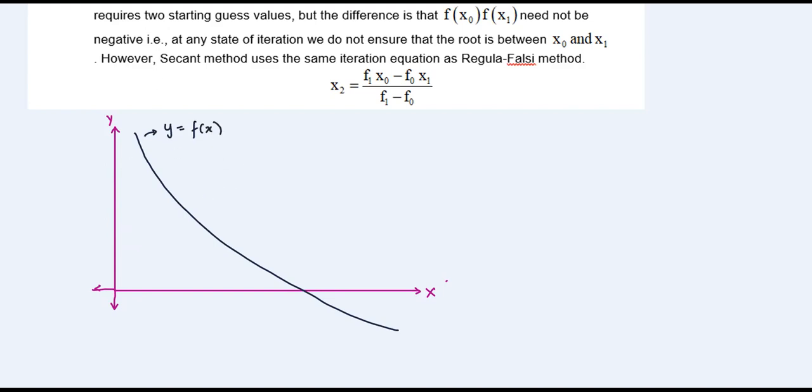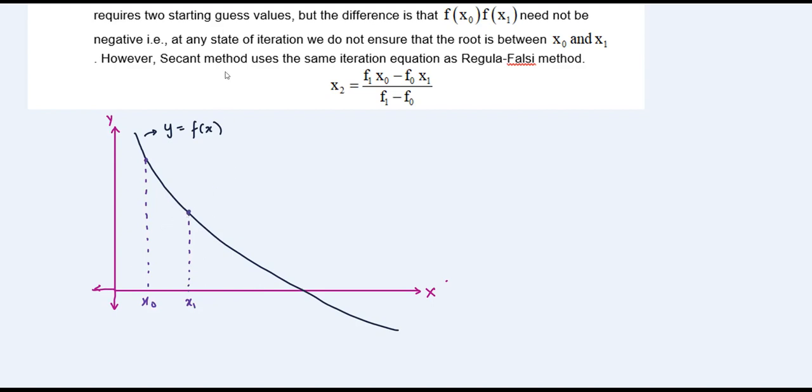Now we assume 2 points. We don't have to worry that they should be of opposite sign. The function values need not be of opposite sign here. We have these two.